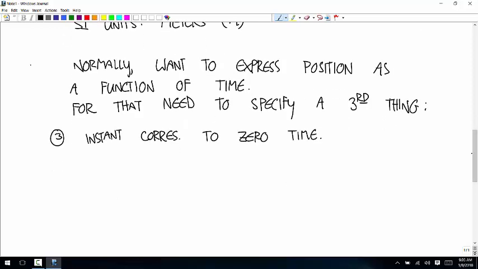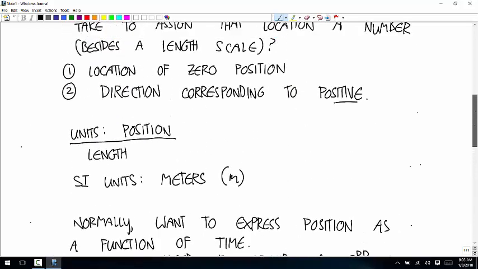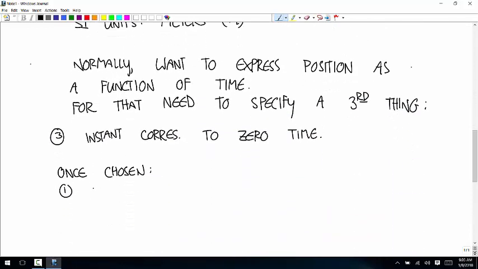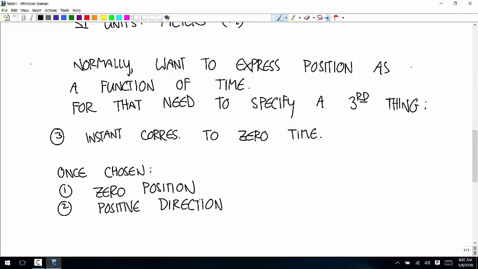So once you've made these 3 choices, what order did I go in? The 0 position, the positive direction, and the 0 time.